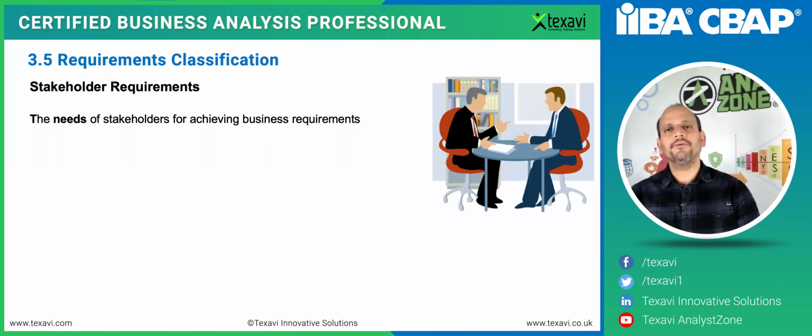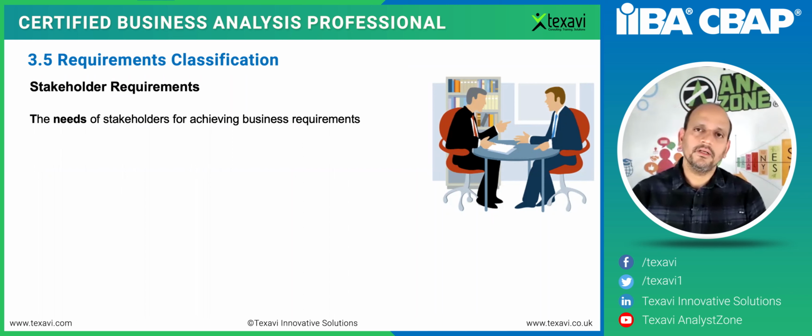For example, in the context of customer loyalty, one of the stakeholder requirements could be that the marketing department wants the mobile app to be connected to the enterprise application they have on the web, so that they can understand the usage of these customers. That is a stakeholder requirement.